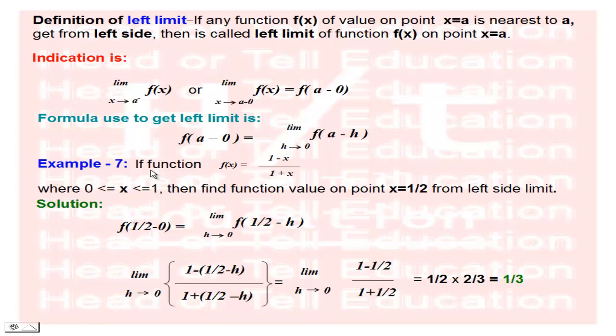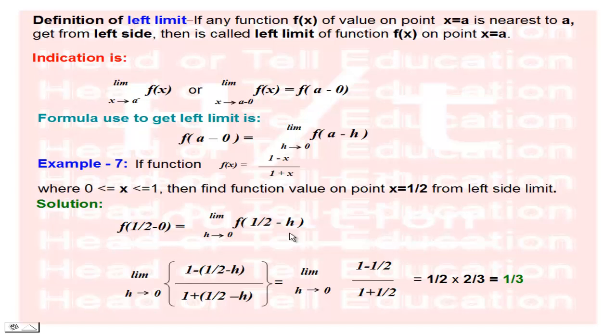Now take another example for the left limit. Suppose the function f(x) equals 1 minus x divided by 1 plus x, where x is greater than or equal to 0 and less than or equal to 1. Then find the function value at the point x equal to half from the left side limit. According to our formula, f(half minus 0) equals the limit as h tends to 0 of f(half minus h).